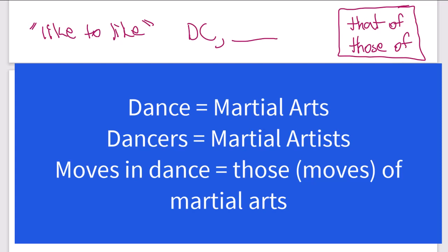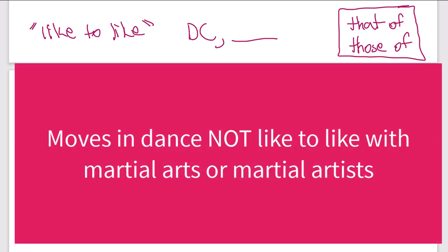And you might compare those moves of dance to those, essentially moves without even saying it, of martial arts. You would not compare martial arts to the moves of dance. They would not be like-to-like things. So make sure you're comparing like-to-like things. That will help you out on questions like this.